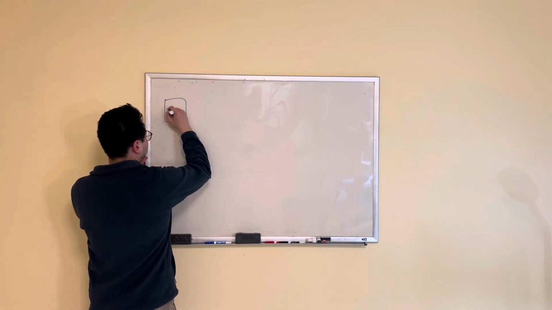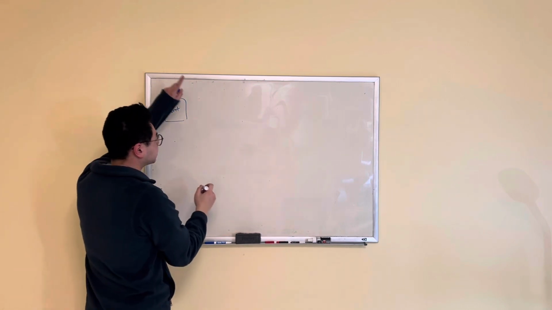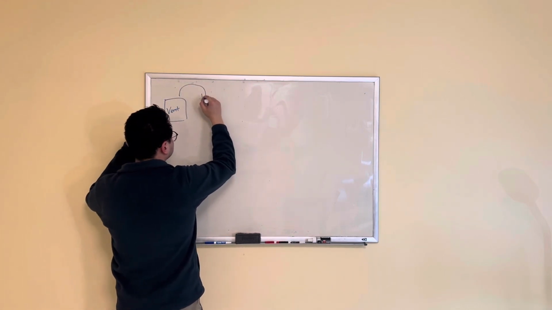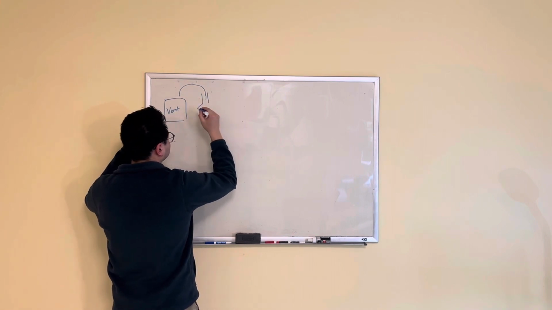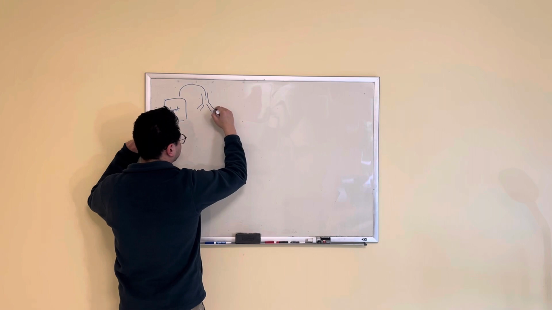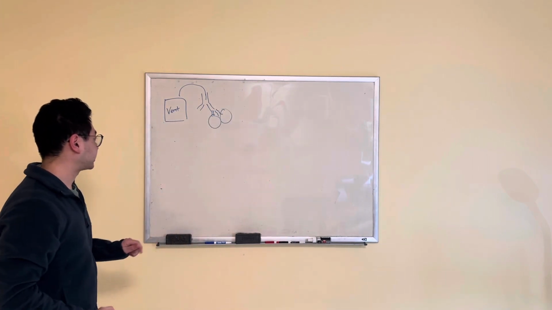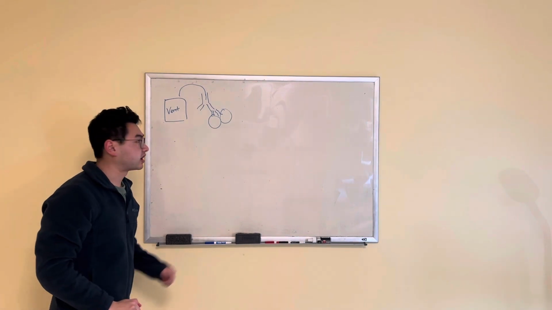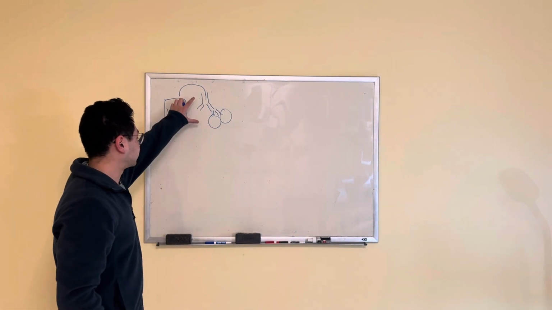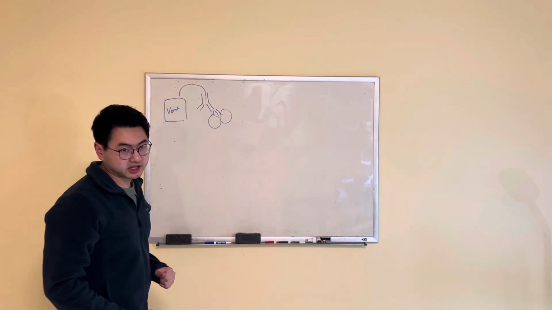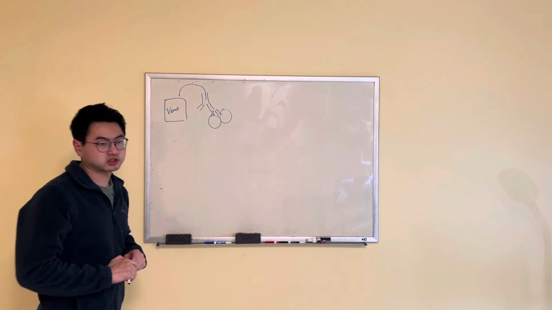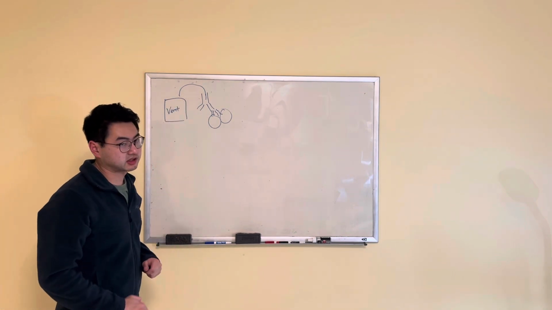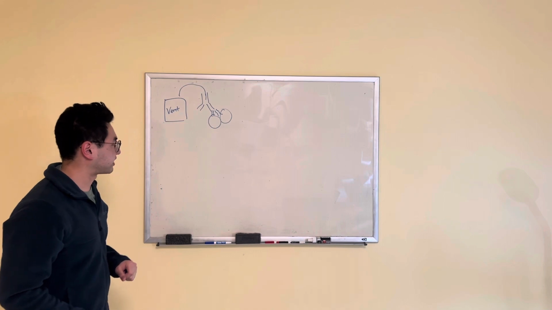So if you think about your circuitry as the vent connected to the rest of the circuit, which is going to include your mouth, your nose, that's going to go all the way down here into your airways, right? I made this alveoli a little bit bigger than the rest because the alveoli is going to represent the plateau pressure, the elastic pressure, and then the resistance pressure is going to be represented by the airway leading all the way up to the vent.